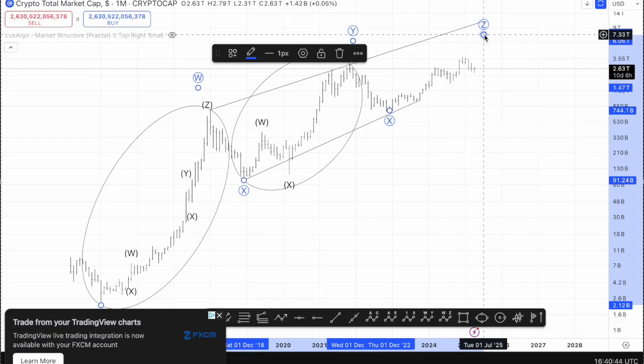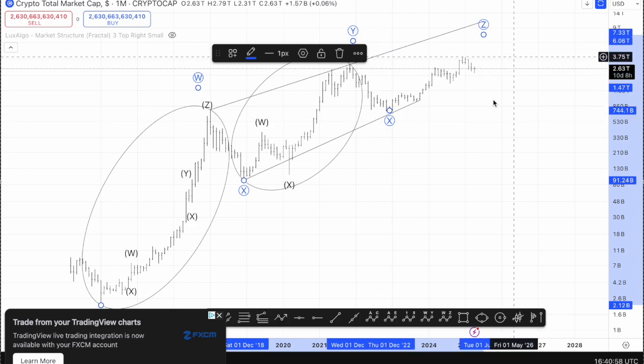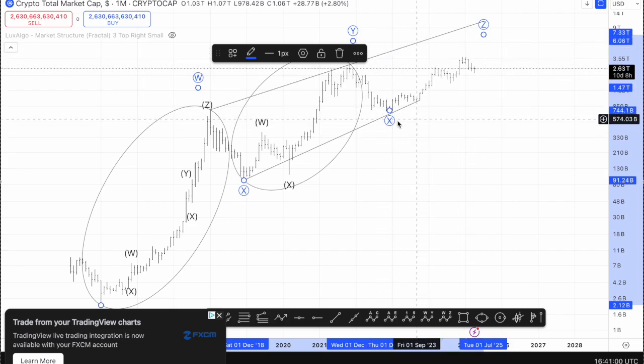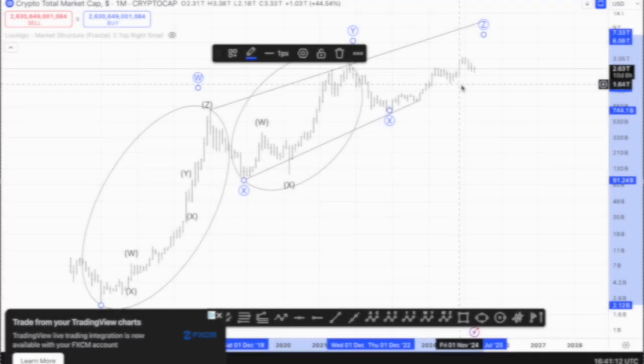We're going to cover this in our upcoming video about the crypto market. In that video, we will be analyzing the weekly and daily charts, investigating and counting this move right here, seeing how it has developed and what the possible probabilities are for the future. That would be the subject of our next videos.